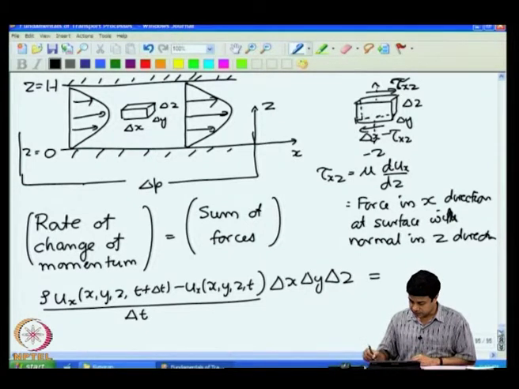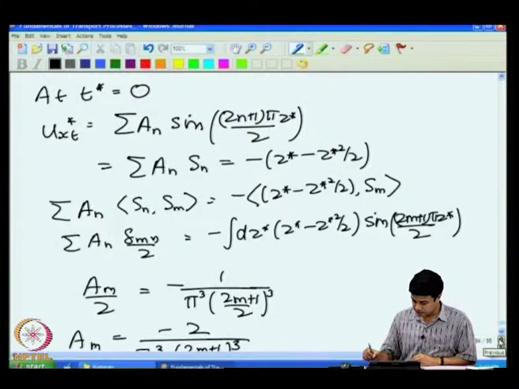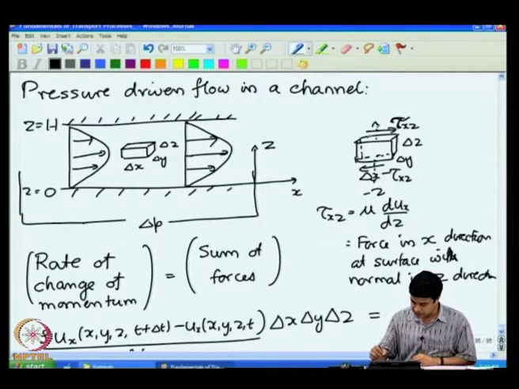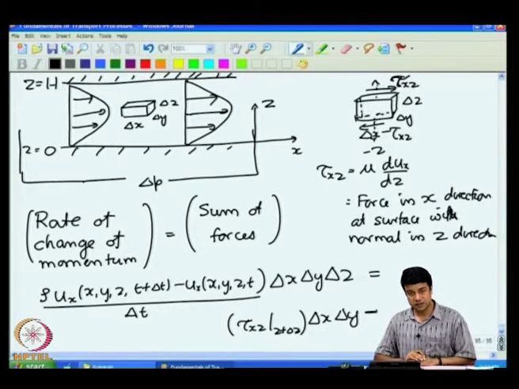So, the force exerted due to the shear stresses is going to be equal to tau x z at the top surface into the area. The area of the top surface is delta x times delta y. At the bottom surface, the shear stress is minus tau x z.